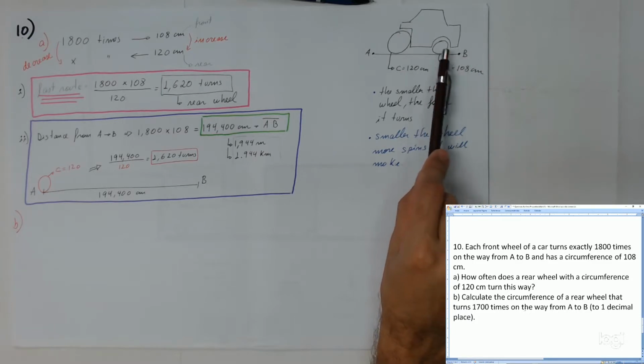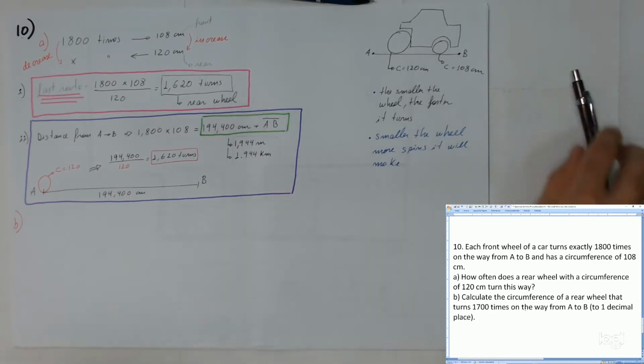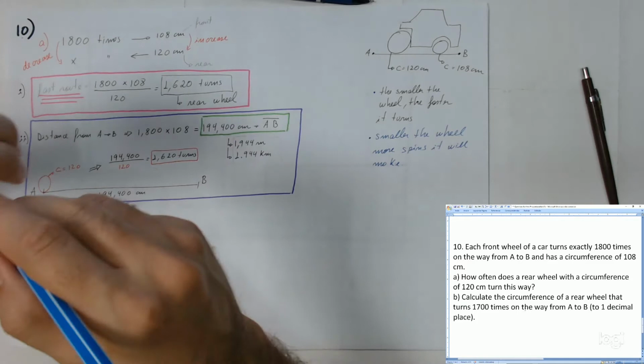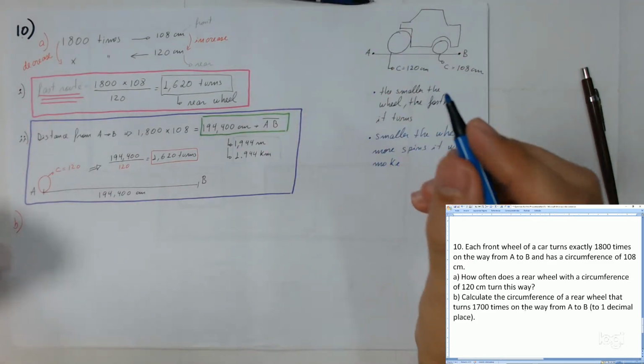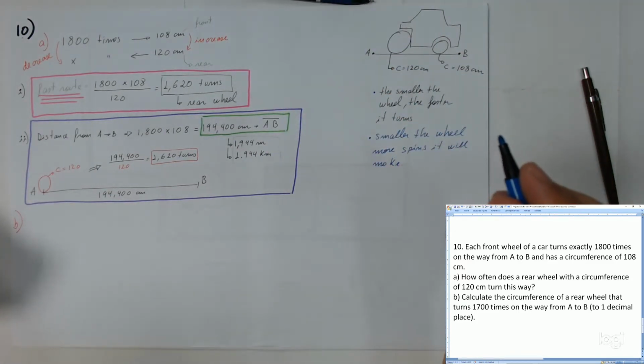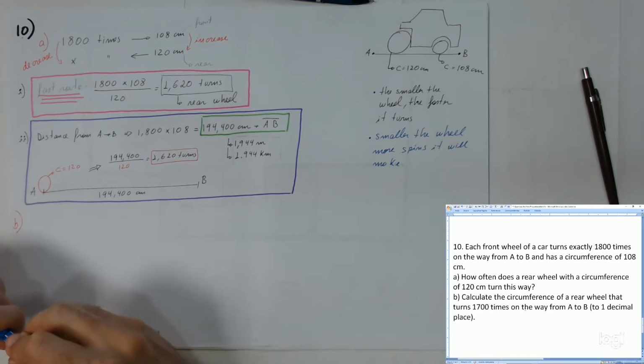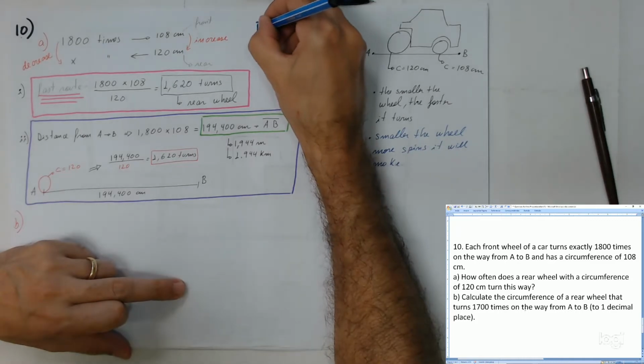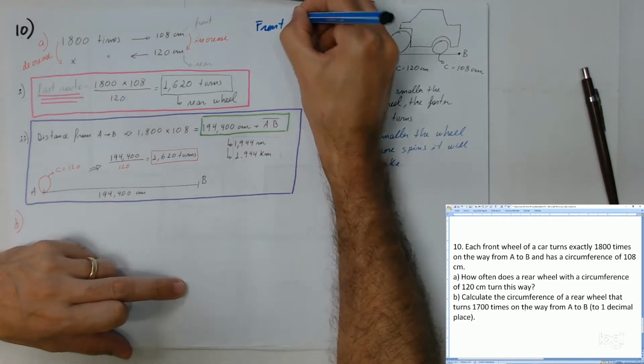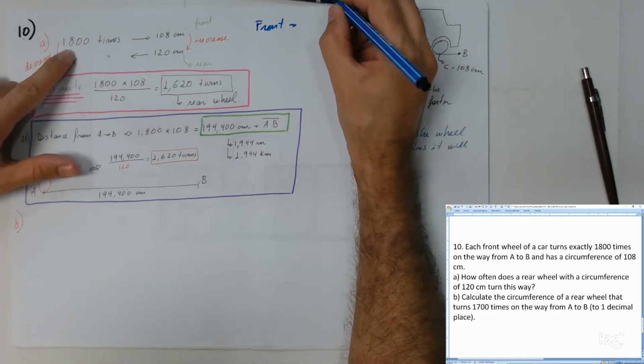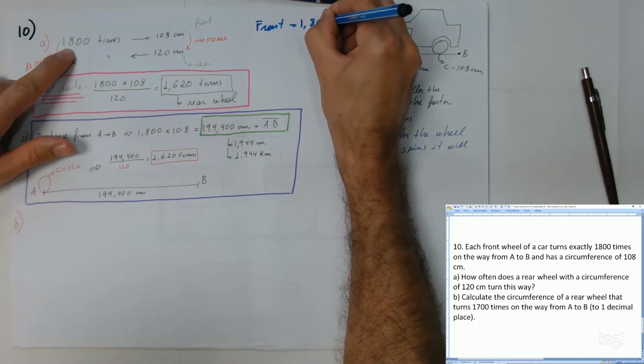Well, because the front wheel is going to make, let's write this, we didn't write it. Oh, I'm sorry, this is the front wheel. The front wheel is going to turn 1,800.